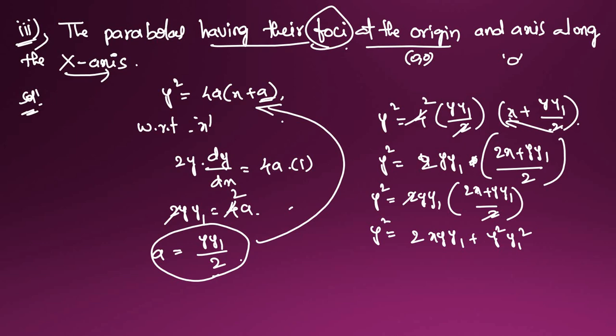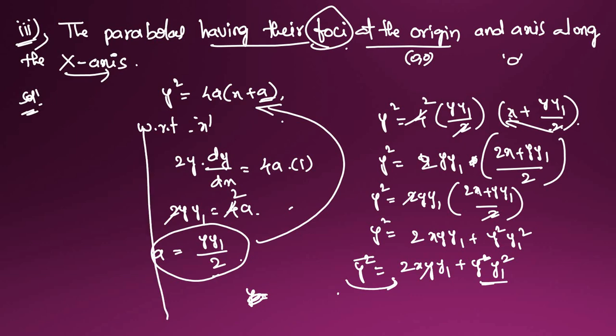y square is equal to, actually y square is enough. So y square is equal to 2 into 2xy y1 plus y square y1 square. So from this, the y square terms will get cancelled. Three terms we got. So the answer is, I will write it like this: I will bring this y to the inside of the equation.